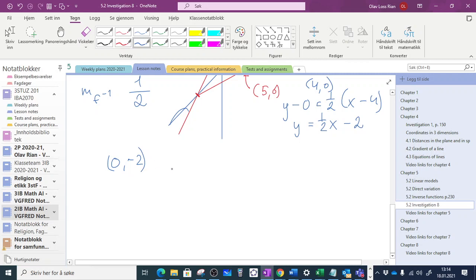So when x is 0, we know that the function value is -2.